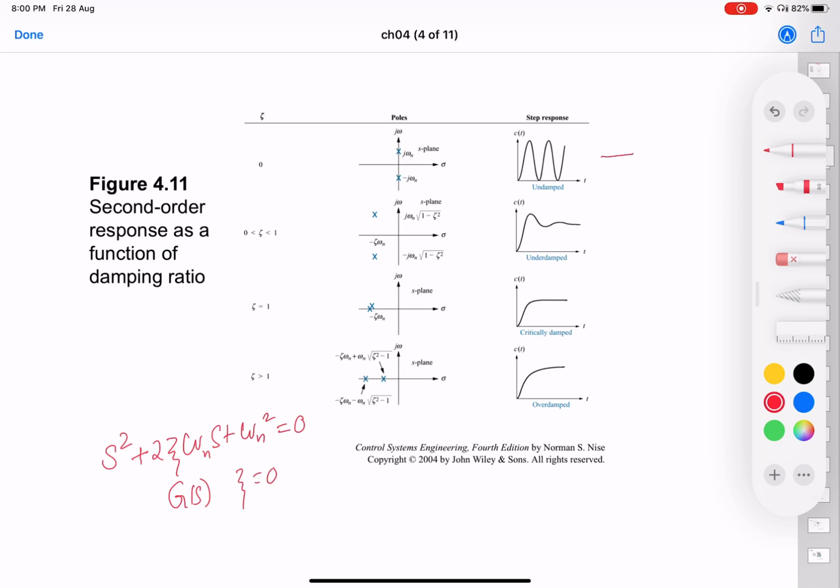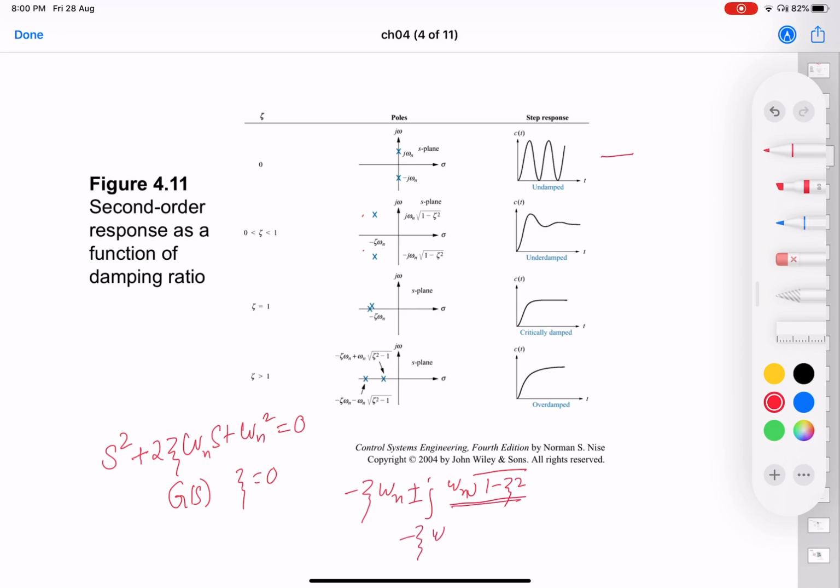If the poles have imaginary components, but they also have some real part, the real part being equal to minus zeta omega n, the poles in this case would be minus zeta omega n plus minus j omega n under root of 1 minus zeta square, which is also called omega d, the damped natural frequency.